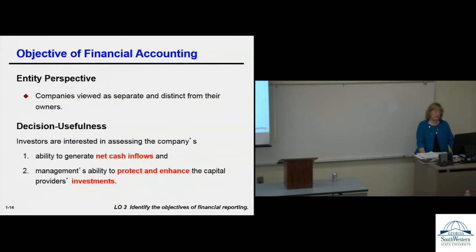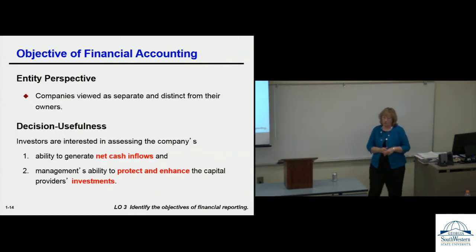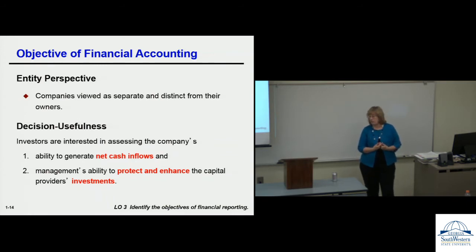But the main thing that makes information useful is information about the cash flows. Because what am I concerned about? Like getting dividends back. And they can only pay me dividends back if they have the cash for it. And they can only pay back their loan if they have the cash for it. So that's really what you're interested in, is the cash. Now, let's kind of think about, though, are the financial statements on the cash basis?